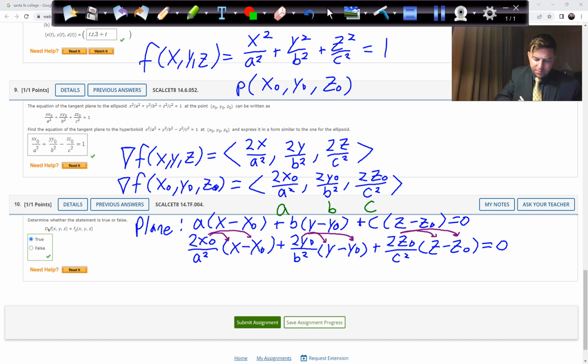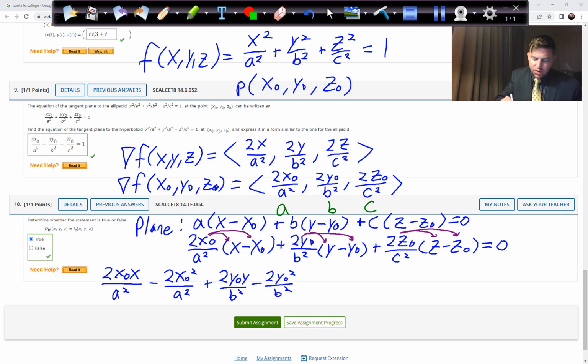We're going to get 2x0 times x over a squared minus 2x0 squared over a squared plus 2y0 y over b squared minus 2y0 squared over b squared.